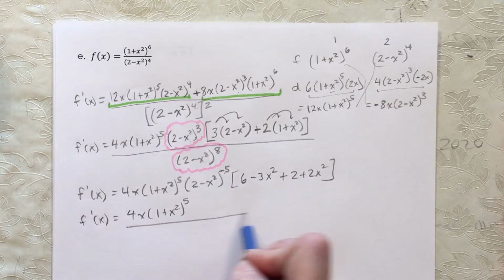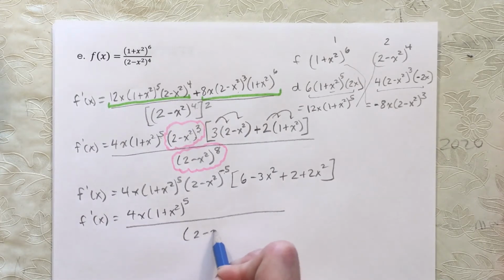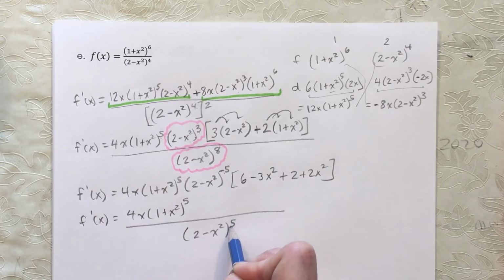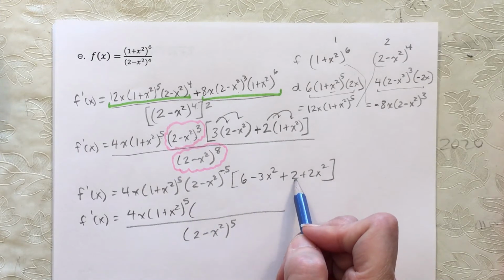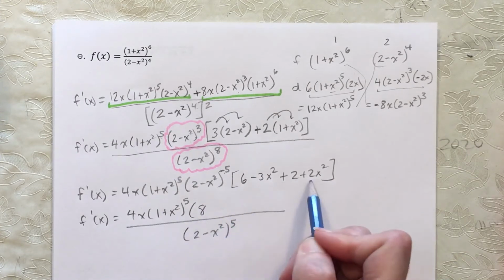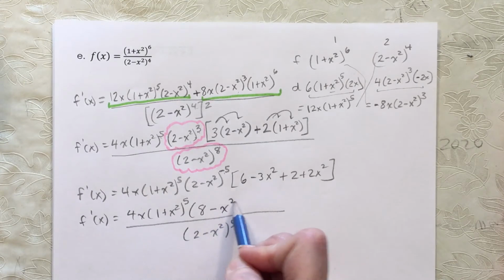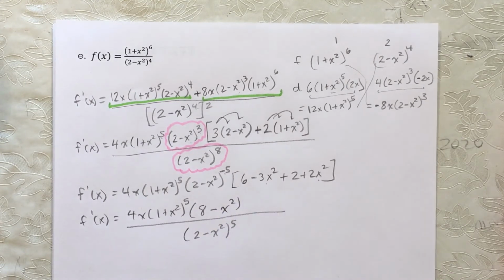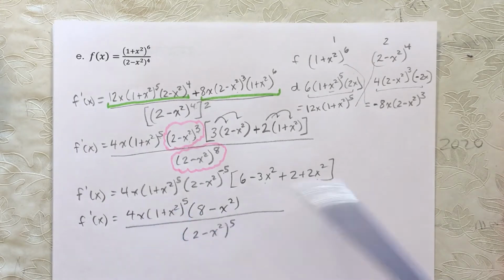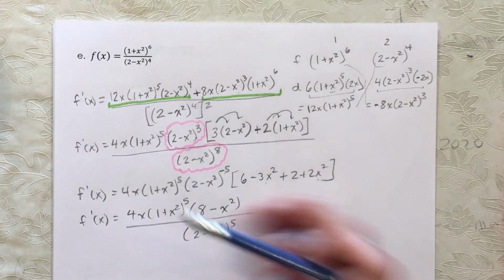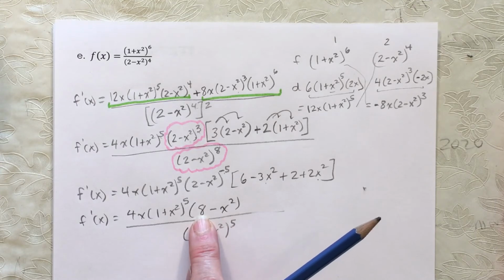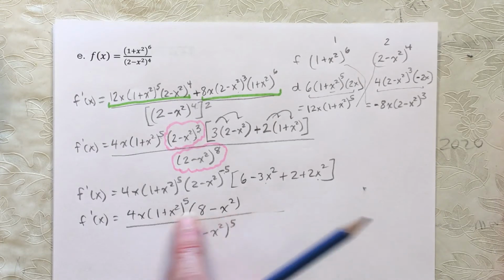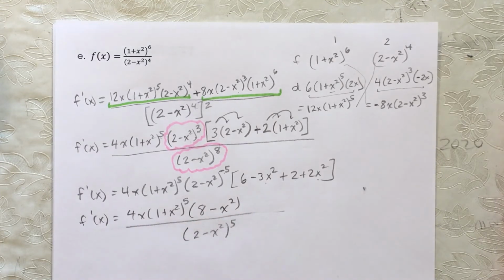This one has a negative exponent, so I'm going to move it to the denominator, the positive exponent. And then here, I'm going to collect my 6 and 2, 8 minus x squared. Negative 3x squared plus 2x squared is negative 1x squared. And I can't factor in here. It's not a difference of squares because 8 isn't a perfect square. So that would be your final answer, simplified factored form.